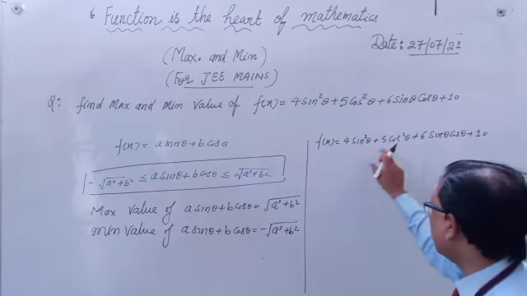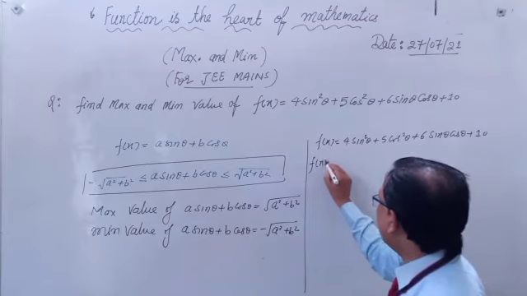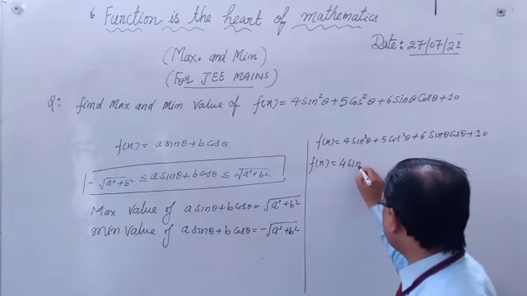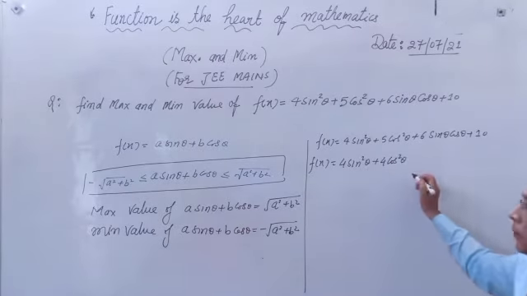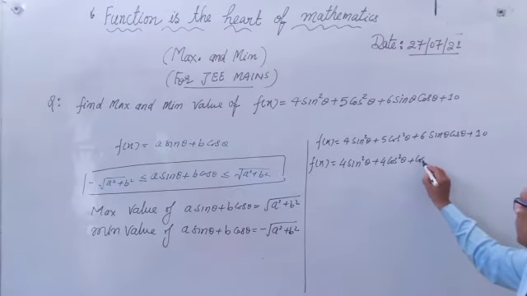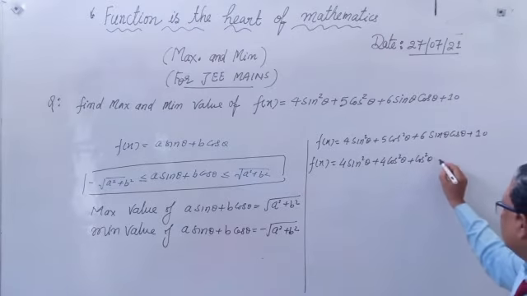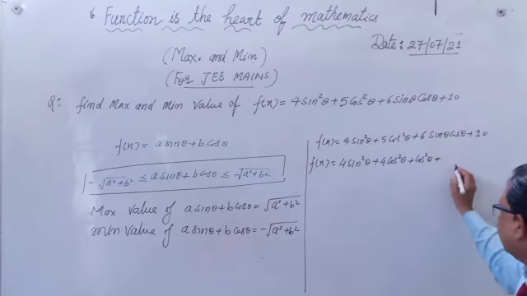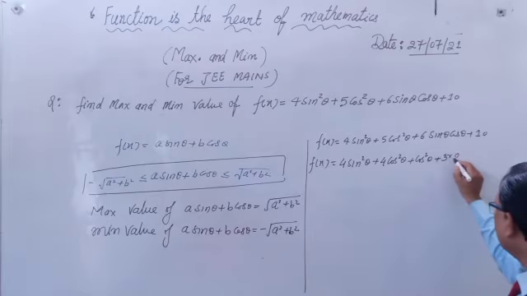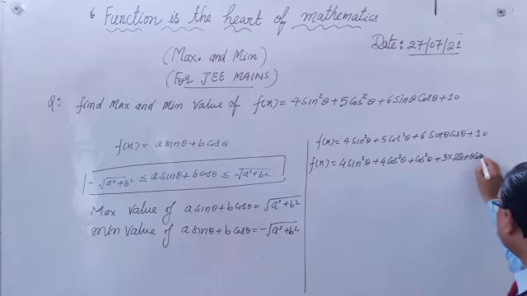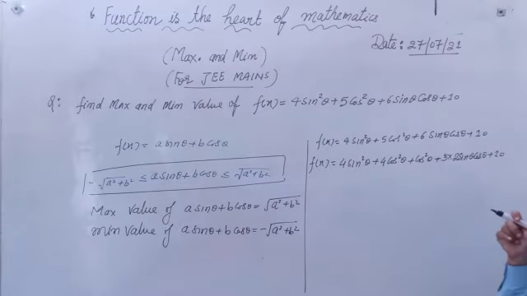So f(x) is equal to 4 sin square theta plus 4 cos square theta plus cos square theta. Now break 6 here: this is 3 into 2 sin theta cos theta, plus 10.